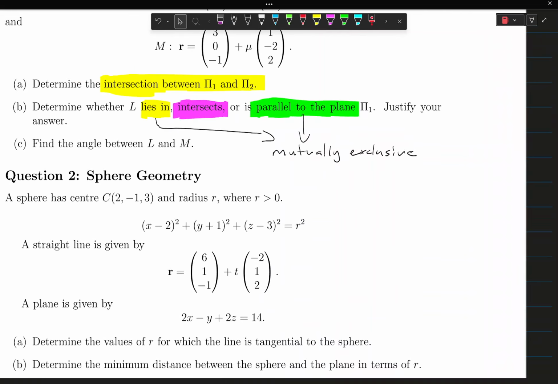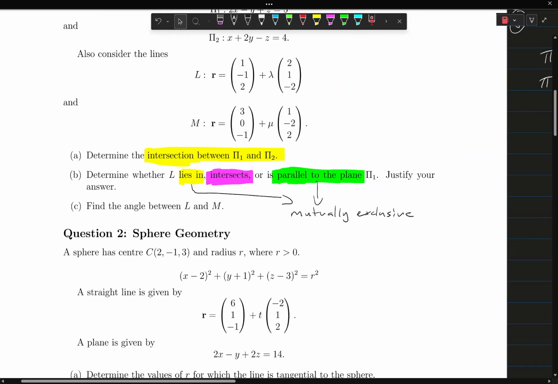means that L, the line, is in terms of lambda.